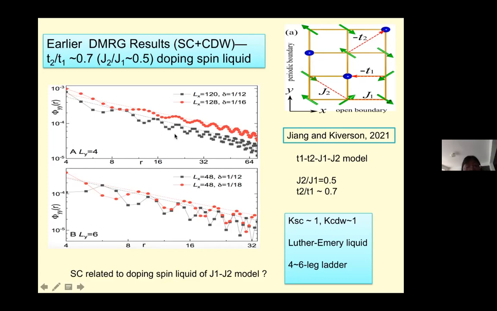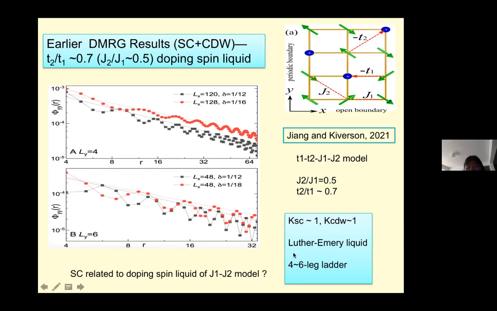Their results demonstrated the power law behavior of superconducting correlation for both the four-leg ladder and six-leg ladder. As they increase the cylinder width, the power law behavior decays with a similar rate.